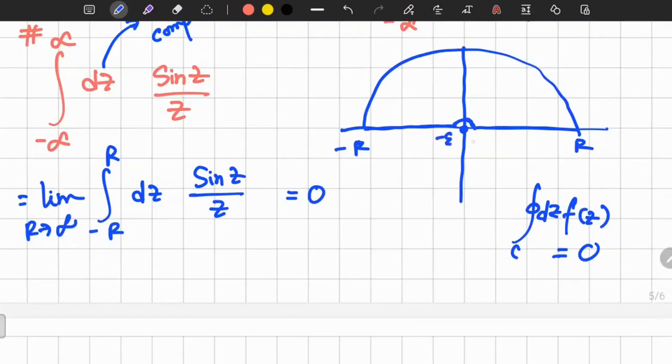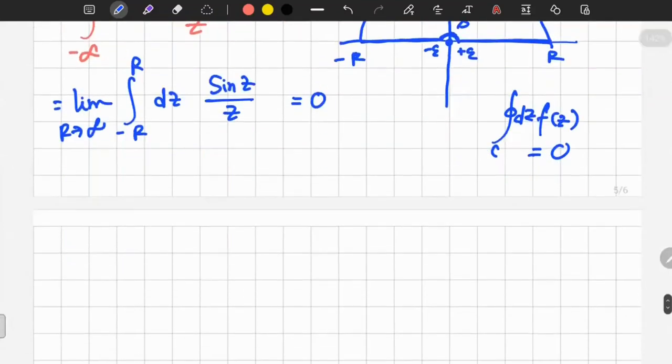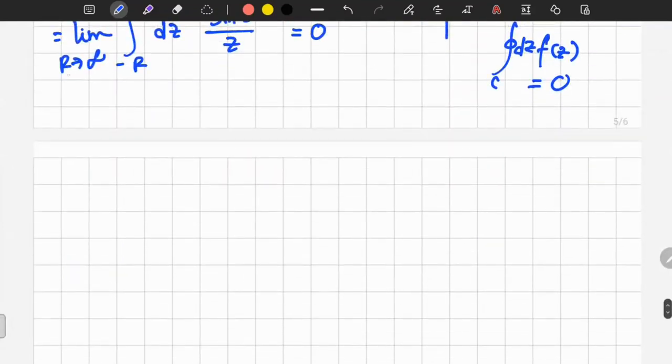So now we can break it. Let's say this is minus epsilon, this is plus epsilon, and this small semicircle is called small s, and this big semicircle is capital S. So essentially, we have broken down the contour in 4 parts. One is minus r to minus epsilon, another one is small s, another one is plus epsilon to r, and the last one is the capital S. So this integration, we are ignoring the limit here now. We'll put that later.